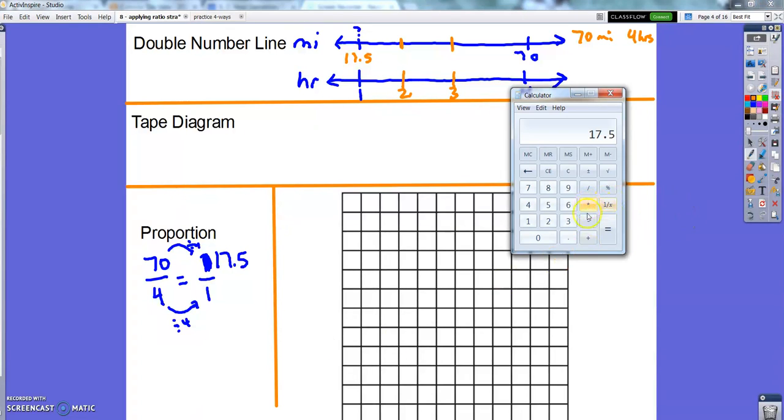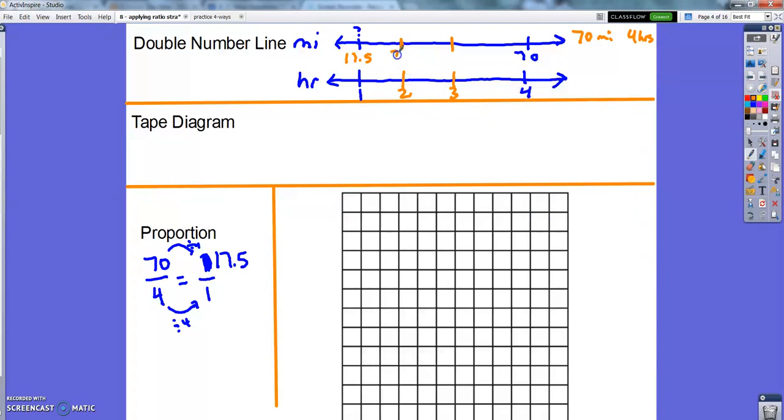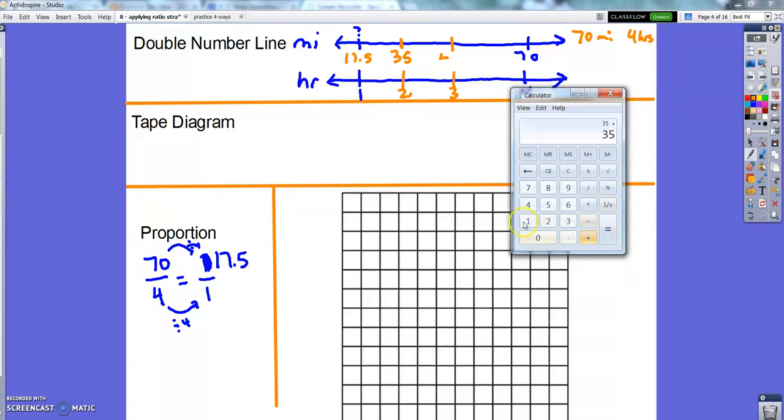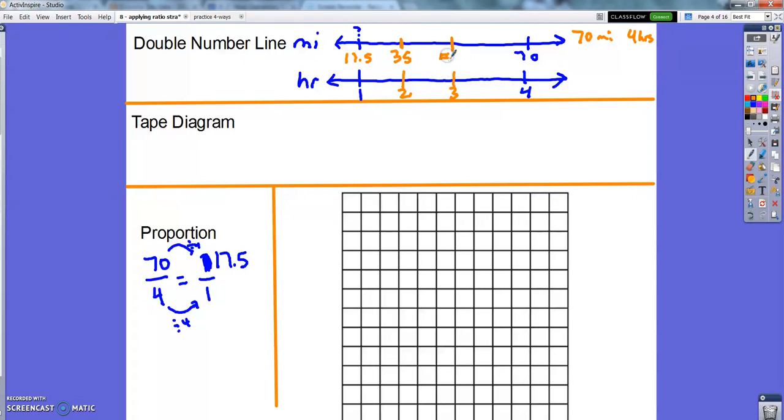And then 2 of those, plus another 17.5 here. And another 17.5. I can't do that in my head, sorry. Thought I was going to be able to. Here, 52.5. Here. So that's what lines up with where. Since I took my 70 and to get down to 1 hour, I had to break it into 4 parts, I divided my 70 by 4 to line up my values there.